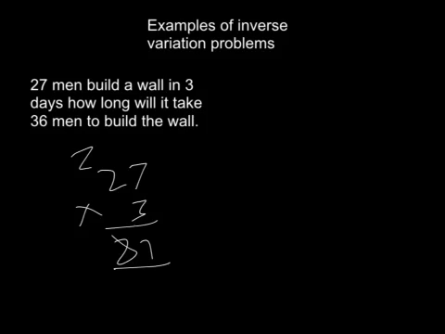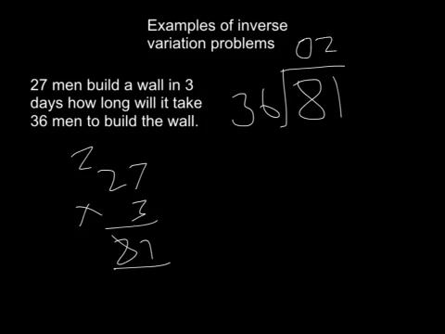So for 36 men, we have to do 81 divided by 36. So this equals 0 times, 2 times minus 72, which is 9.